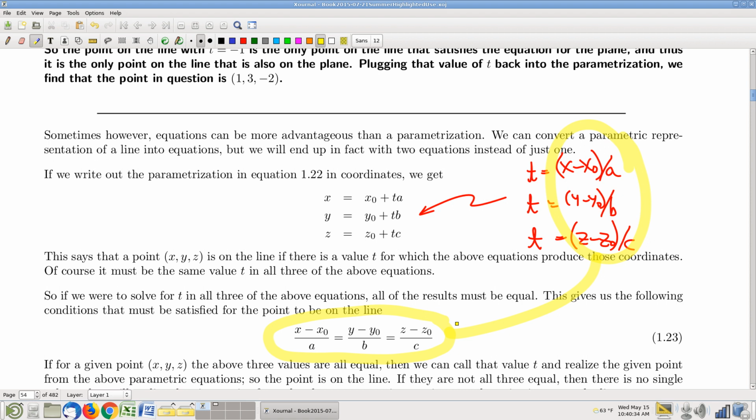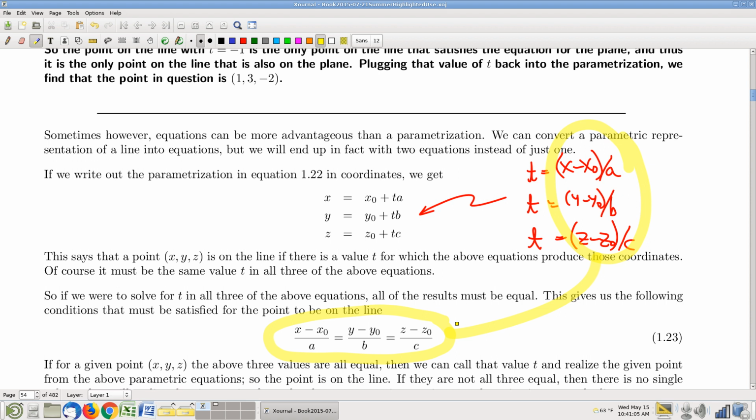So if you come to me with a point, x comma y comma z, whatever that might be, and you say, look, take your generator and go somewhere. I don't need the generator. I don't need other points. This is the point I care about. I need to know, is this point on your line? Well, you plug into this thing, and if all three of these things are equal, then all three of these things are the value of t that generates your point x, y, z.